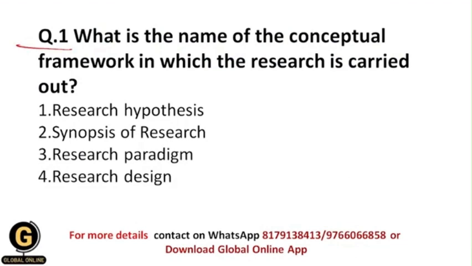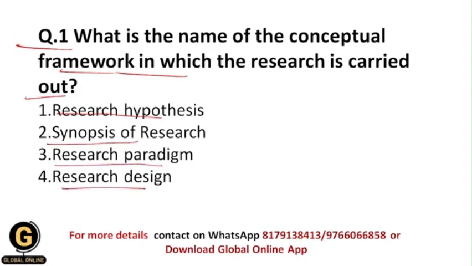Question 1 is, what is the name of the conceptual framework in which the research is carried out? Through that conceptual framework, basically the research is carried out. So whether it is research hypothesis, or synopsis of research, or research paradigm, or research design.